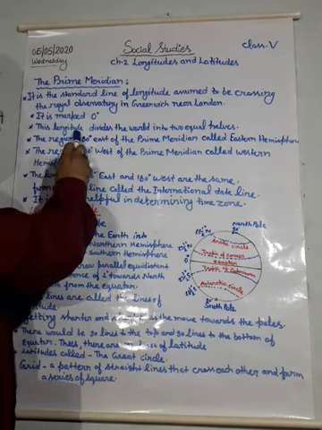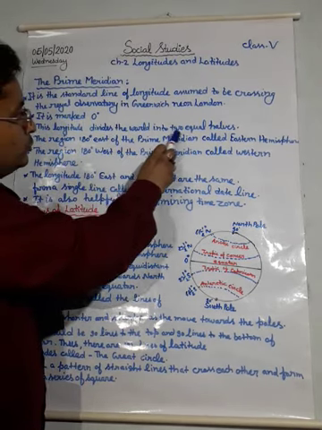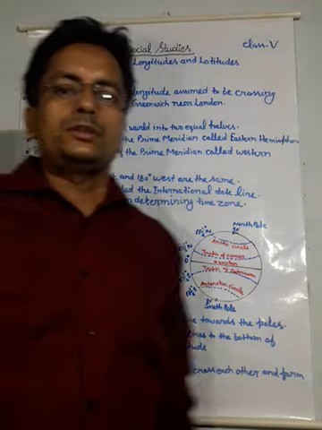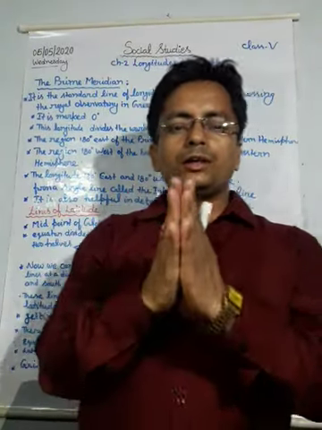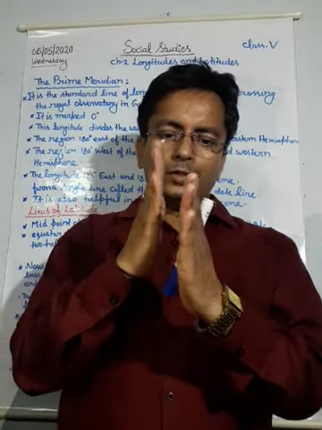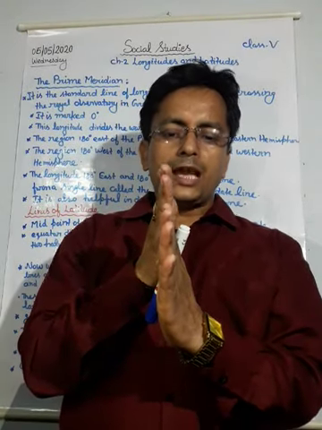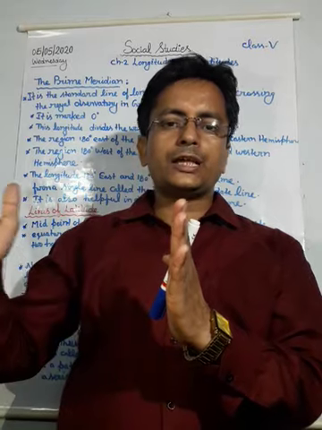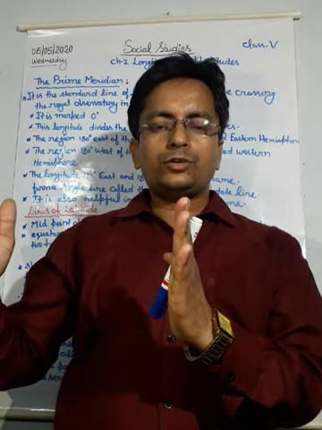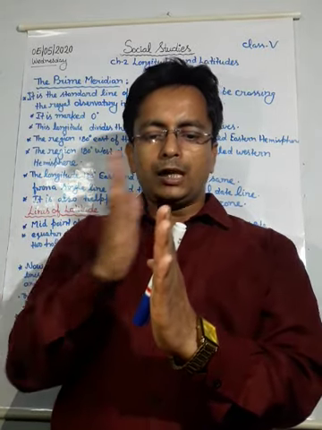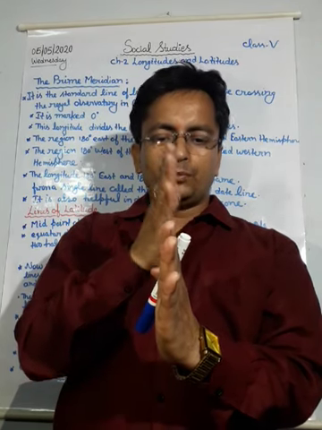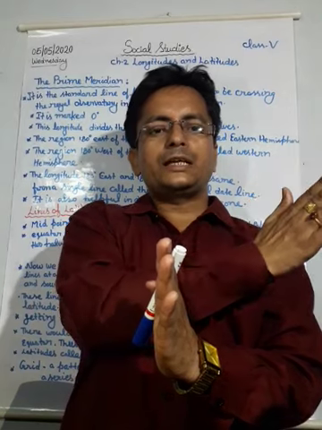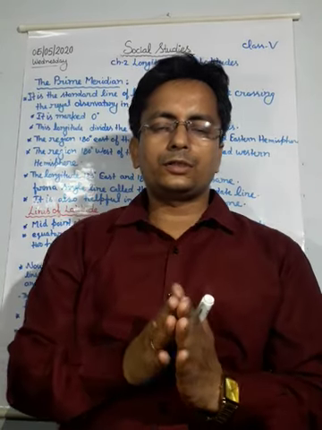This longitude divides the world into two equal halves. Yes students, this longitude divides the earth into two equal halves. From this line towards the east side is called the Eastern Hemisphere, and from the prime meridian towards the west side is called the Western Hemisphere.